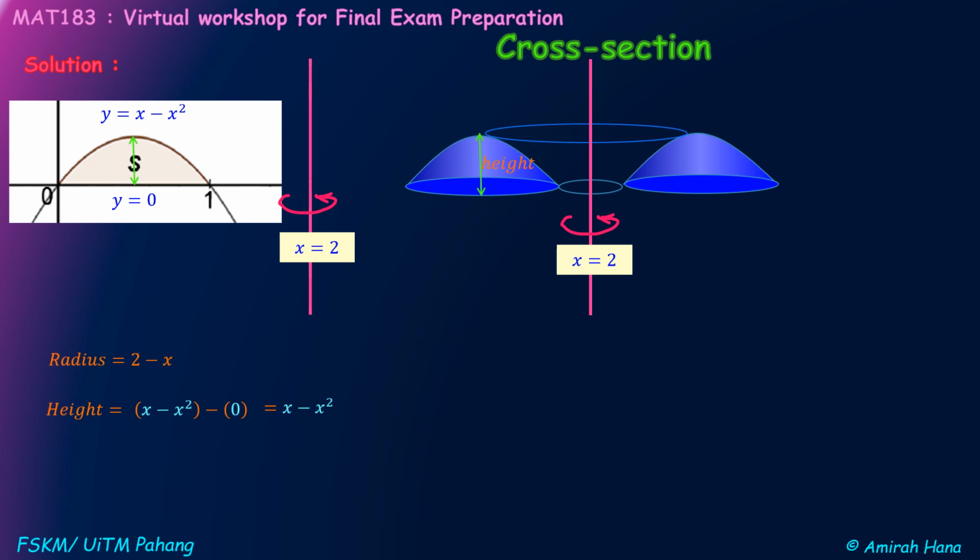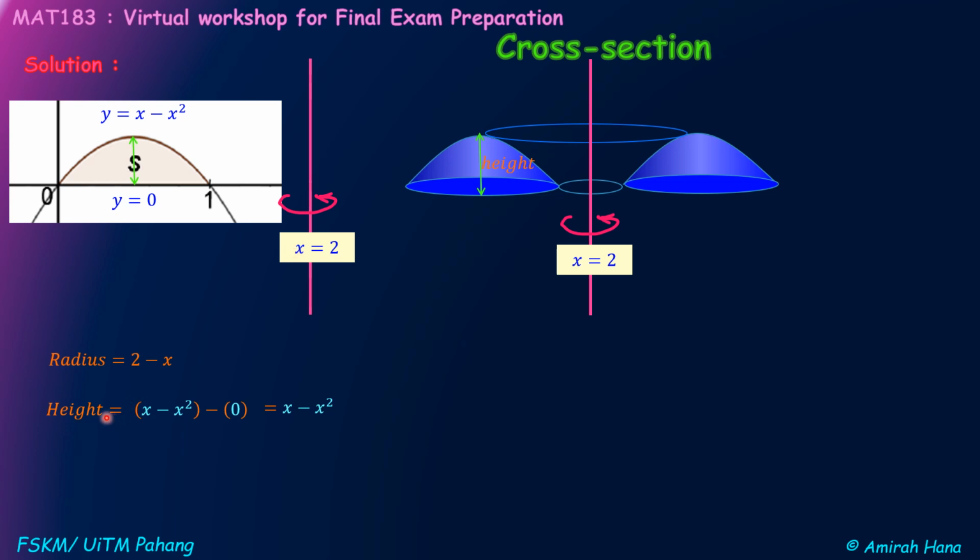We recall back, under washer method, if axis of rotation is a vertical line, we need to integrate with respect to y. But under shell method, if axis of rotation is a vertical line, we need to integrate with respect to x. Ataupun kalau nak senang ingat, kalau shell method, axis of rotation kita dalam variable x here.